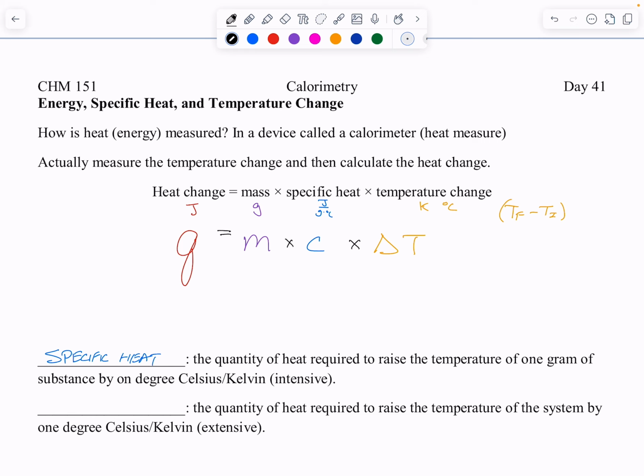Now, mass times specific heat would end up being joules per degree Celsius, and that's heat capacity. Sorry, heat capacity.